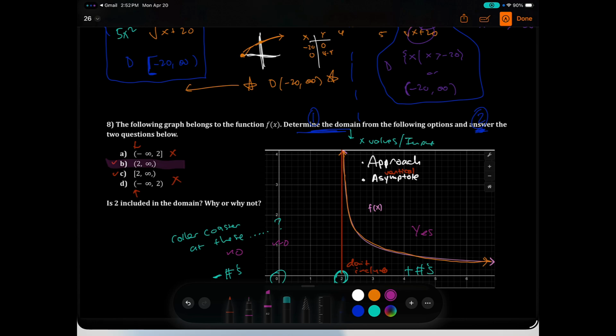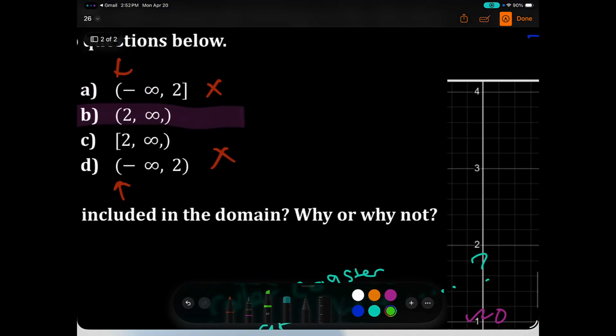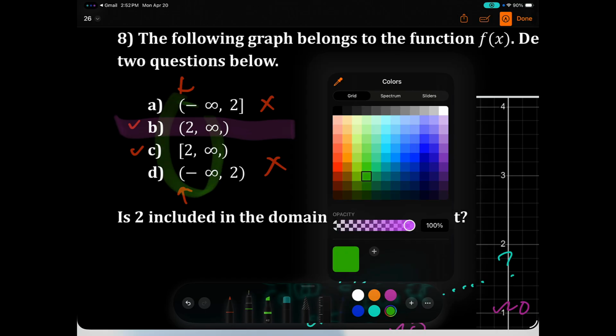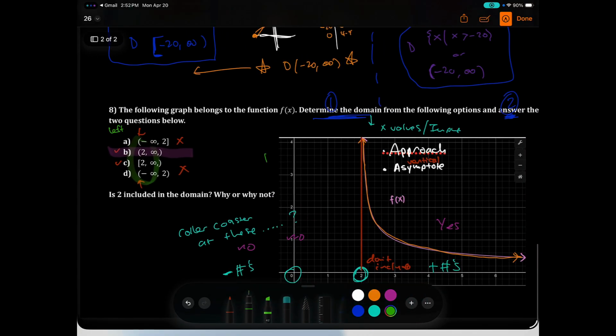Just want to point out something with interval notation just to help you. I hope this helps. It looks like an ordered pair, but it's not. Everything on the left side, I used green, is the left side of the graph. And then everything on the right side represents what's happening over here on the right side of the graph.